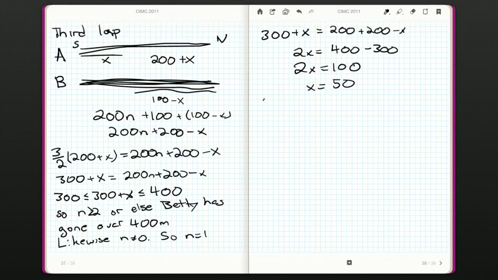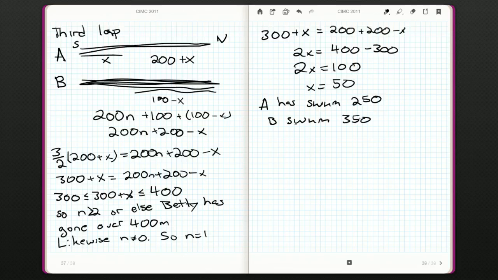So A has swum 250. I don't know what it is today, but I just can't spell. Uh, 250, that should be 350.